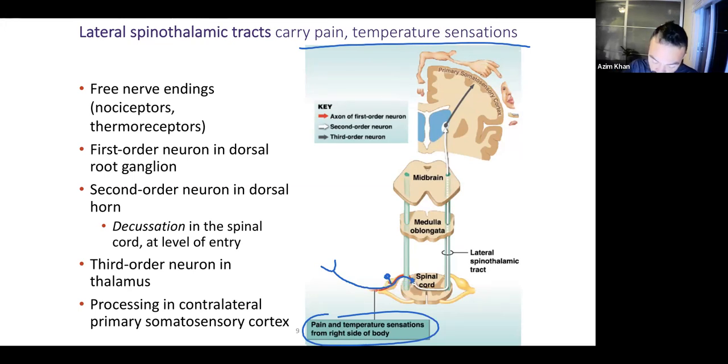Our second neuron, the second order neuron, from the dorsal horn, decussates in that anterior white commissure, ascends the lateral white column, ends in the thalamus. And then our third order neuron from the thalamus to the primary somatosensory cortex.